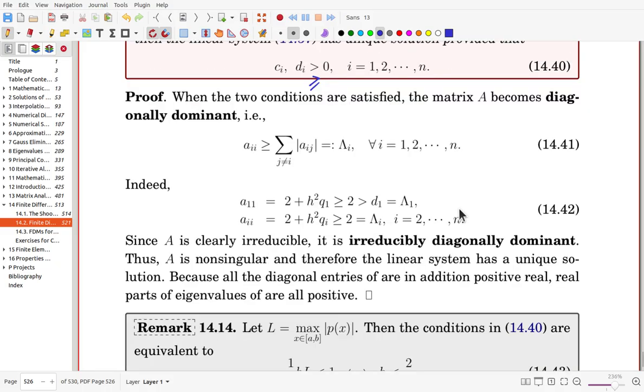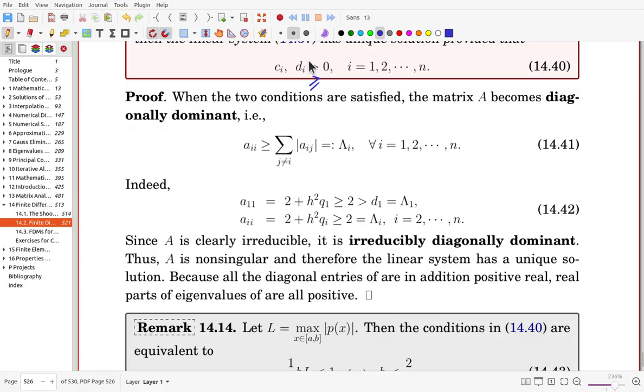Along with this condition, we can easily see the diagonal dominance, and also that A is irreducibly diagonally dominant. In fact, because of irreducibility, strict inequality is not needed everywhere.